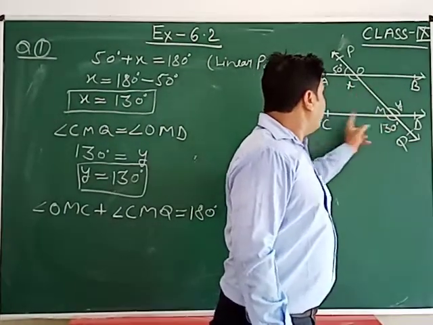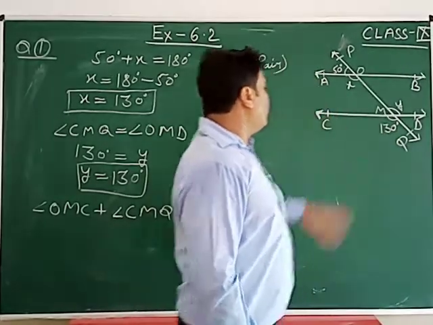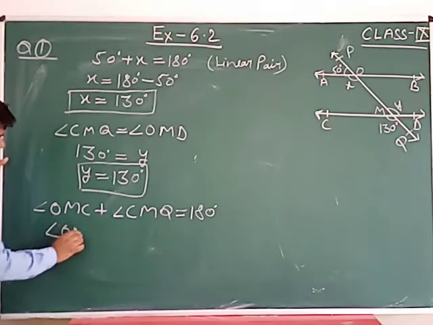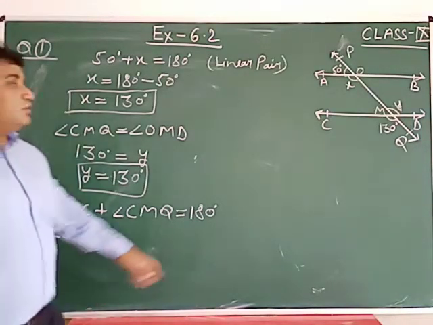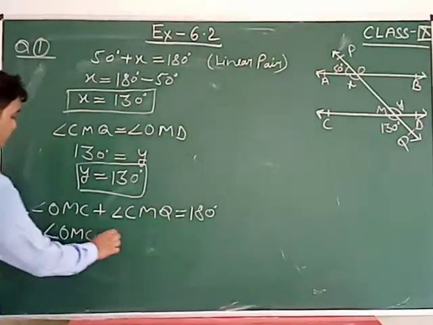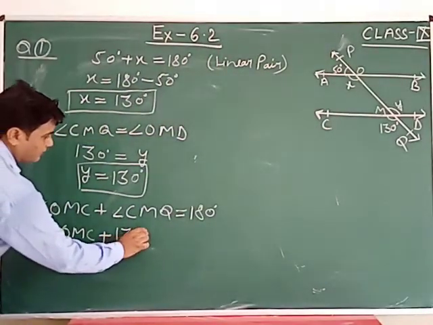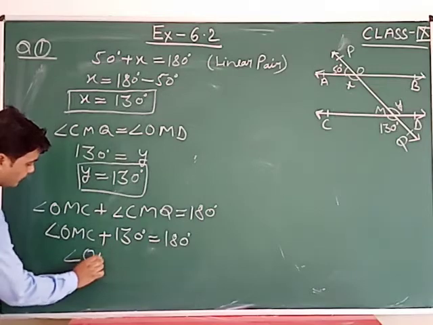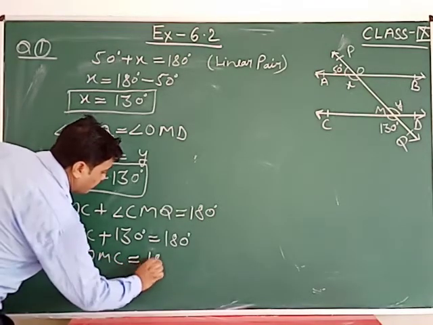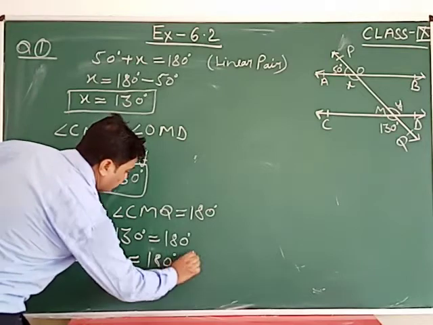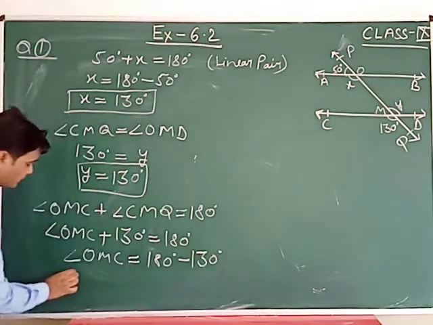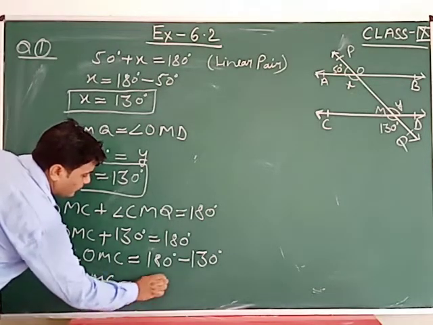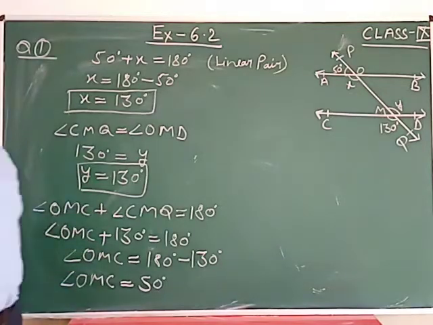Your CMQ is 130 degree, so angle OMC equal to 180 minus 130. So angle OMC equal to 50 degree.